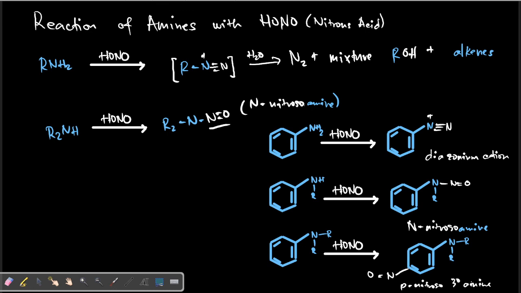And also for tertiary aromatic amines, pwede tayo magkaroon ng electrophilic aromatic substitutions due to the presence of HONO, wherein we will have a product na majority ay P-nitroso. Okay? So those are the reactions of amines.